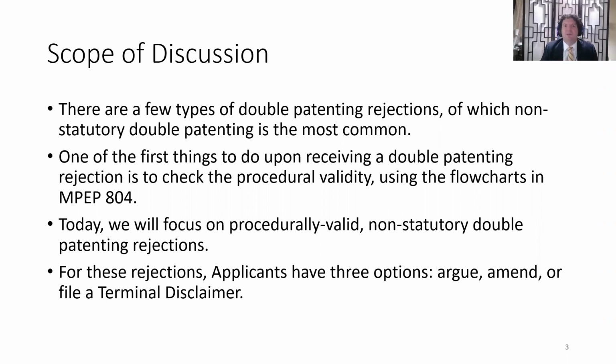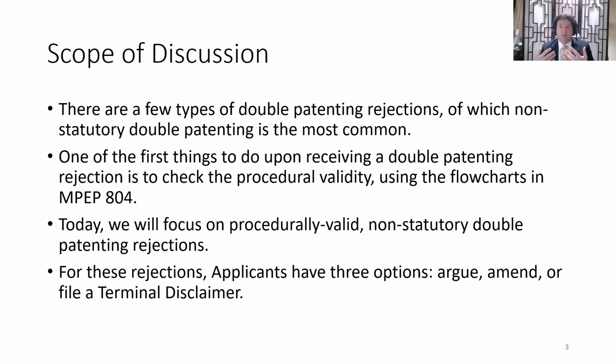One of the first things to do upon receiving a double patenting rejection from the USPTO is to check the procedural validity of the rejection using the flowcharts in MPEP section 804. Today, we will focus on procedurally valid non-statutory double patenting rejections.